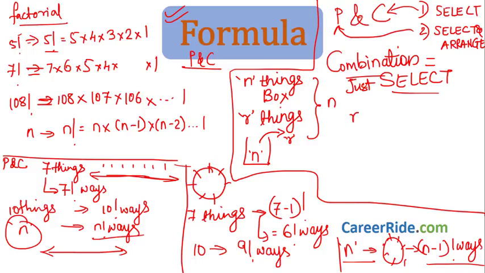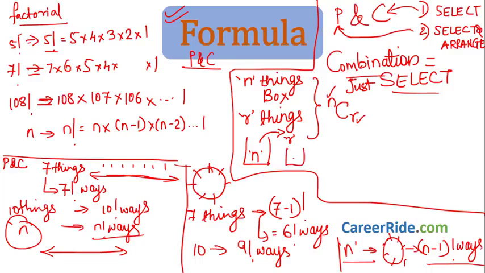What is select? Select means combination. Combination starts with C. So nCr means we have n things and we have to select r things out of those n. Now r can be less than n, or equal to n also.